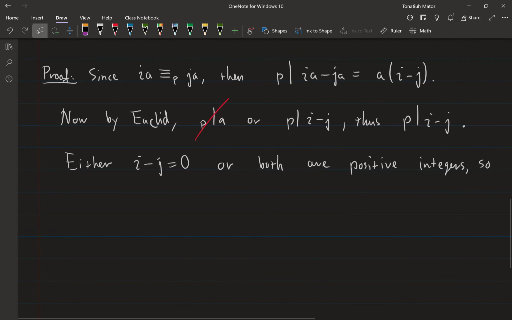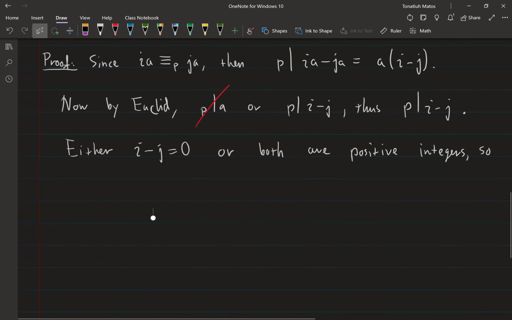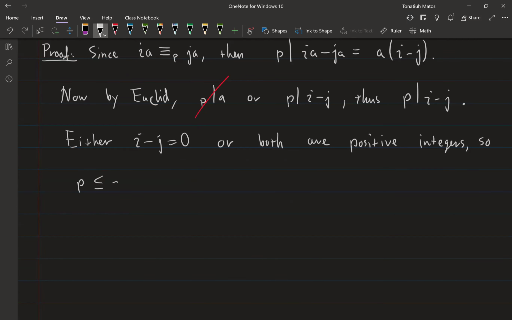Before I look at the chat, let me just finish writing this. So P is less than or equal to I minus J, but this is impossible, because I and J are both positive numbers smaller than P. And this is an argument that we've used when we proved the QR formula, specifically the uniqueness. Okay, so the question is, what does the red line mean?